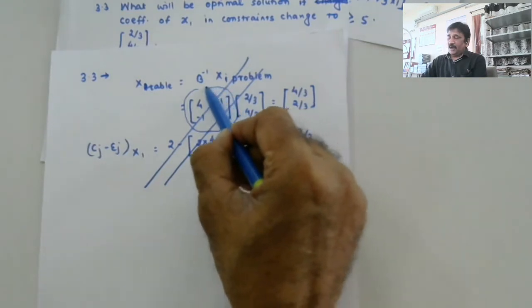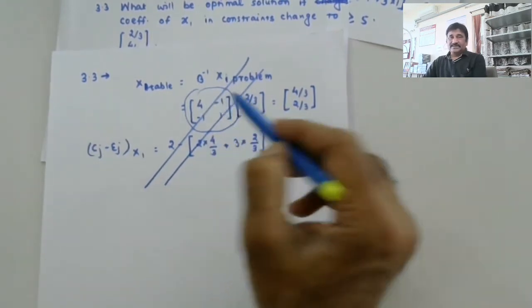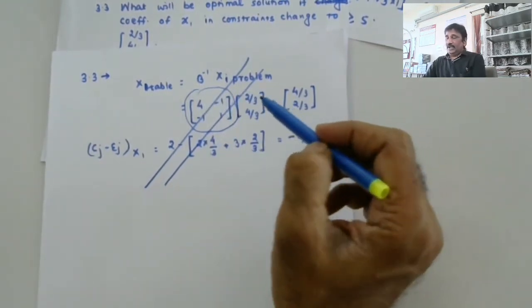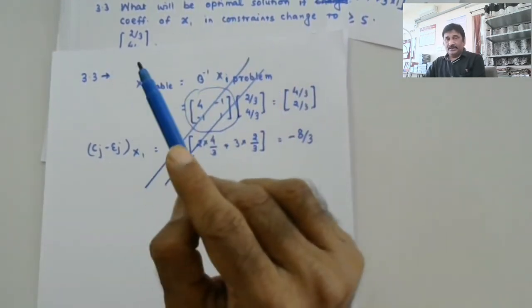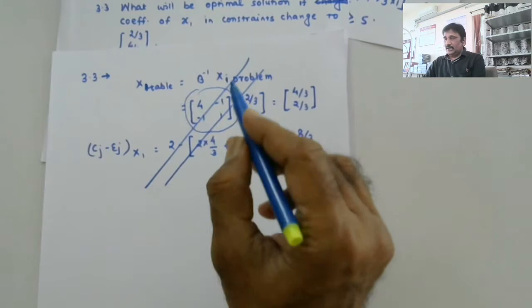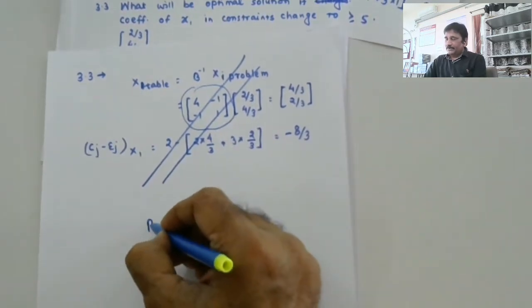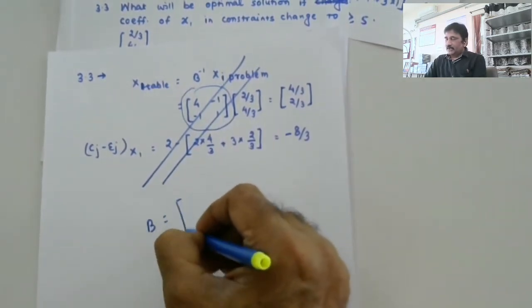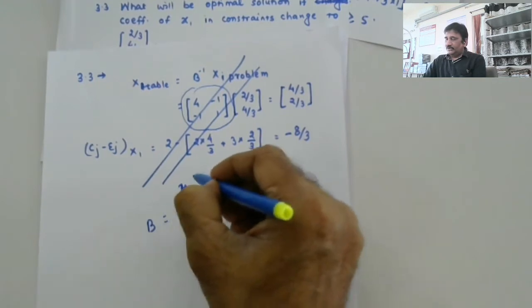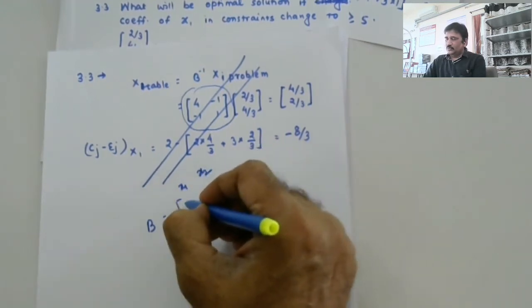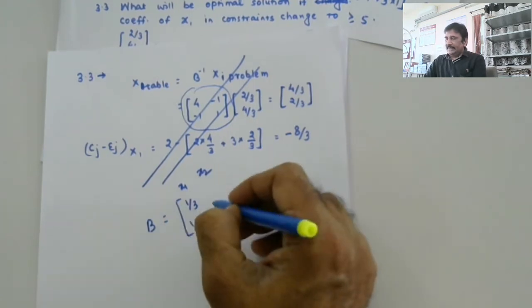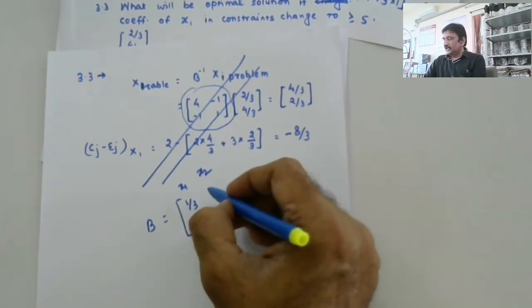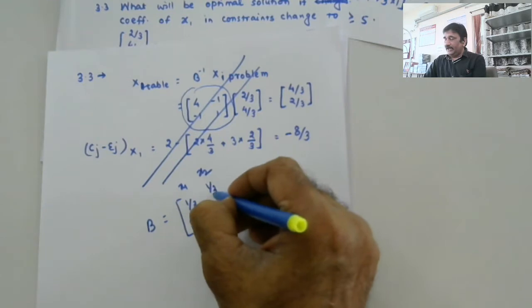This matrix is powerful as long as this is the inverse of B. And what was B? Your B was formed by the columns of x1 and x2, which were 1 by 3, 1 by 3, and x2 column was 1 by 3 and 4 by 3.